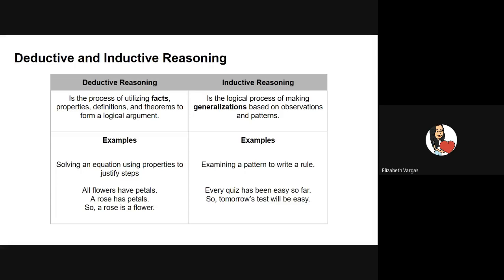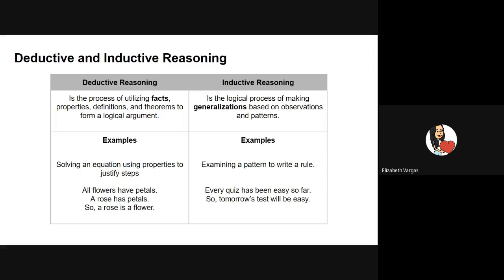Examples of these may be solving an equation using properties to justify steps, which we're going to see today, or statements like: all flowers have petals, a rose has petals, so it's justifiable that a rose is a flower.